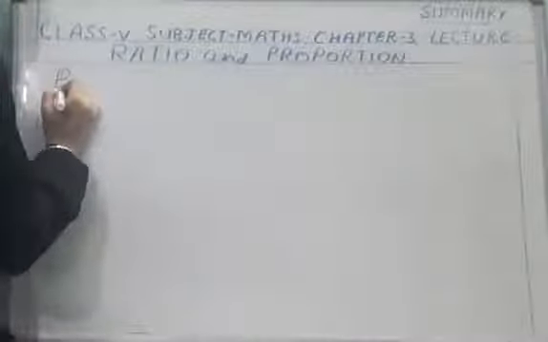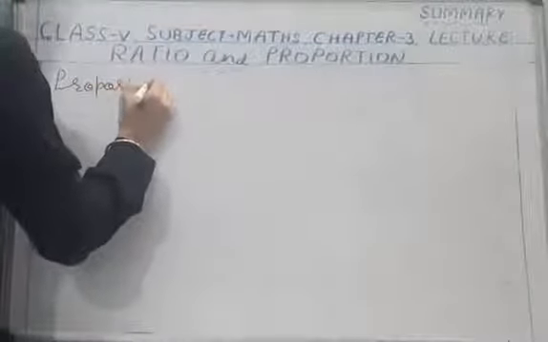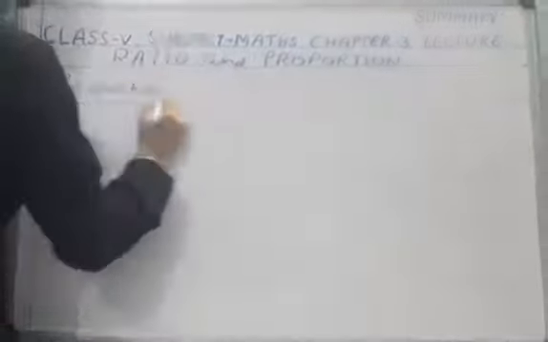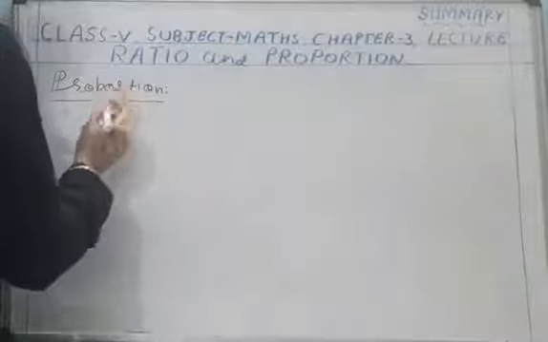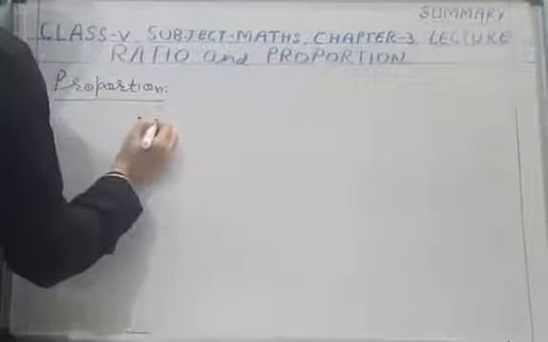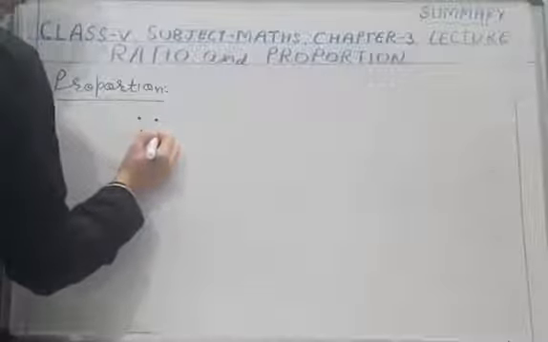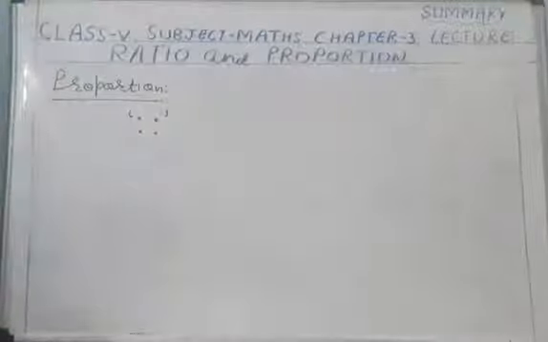Now we will start our next topic, that is proportion. Proportion is formed by two equal ratios, and the symbol is this one. This is the symbol for proportion, right?